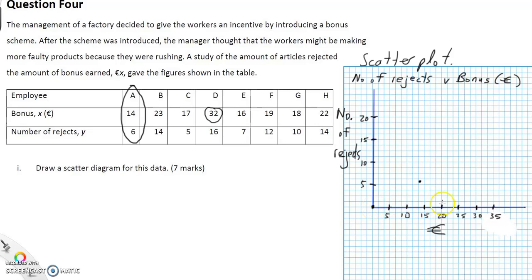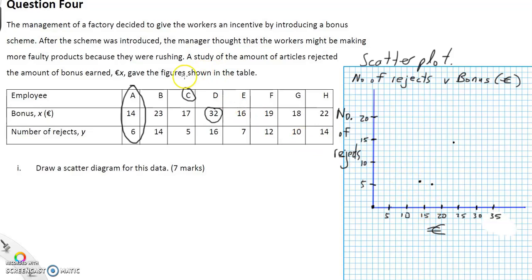That far out, 23 and 14 high. Something like there, right? Next up is going to be employee C. This employee got 17 euros bonus, kind of halfway between 15 and 20, and a 5 for the number of rejects.